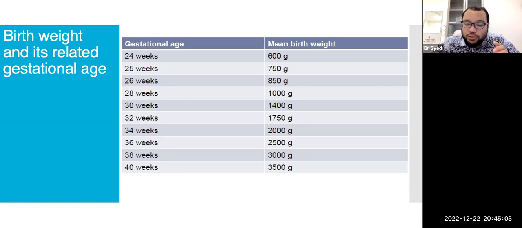So only those babies born more than 27 weeks period of gestation sahaja yang dia akan resuscitate. Contohnya hospital Kota Baru HRPZ 2, dia ambil 27 weeks and more than 500 grams. Kalau baby tu more than 500 grams and more than 27 weeks, baru akan resuscitate.